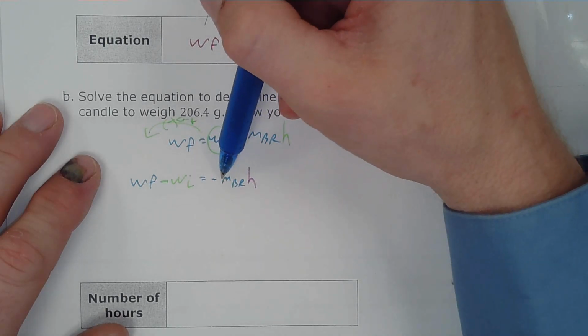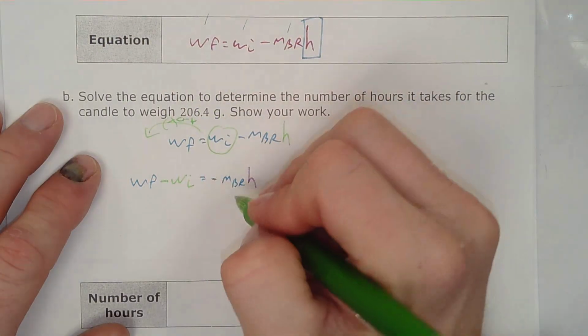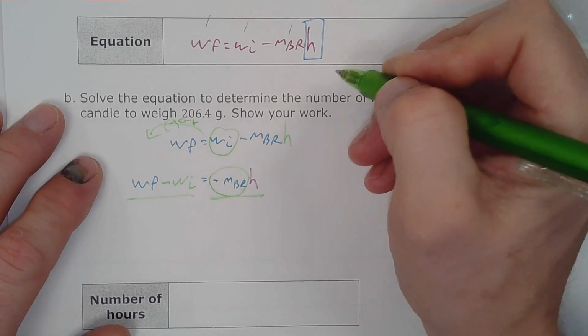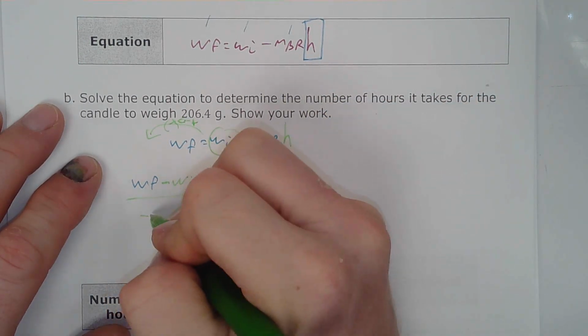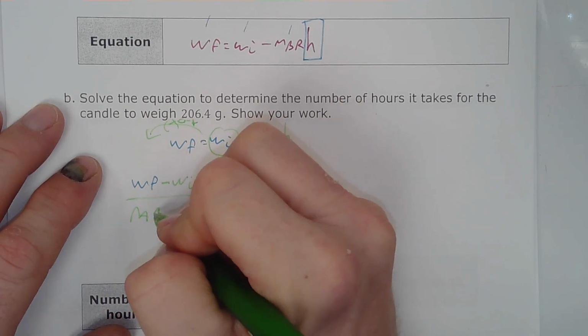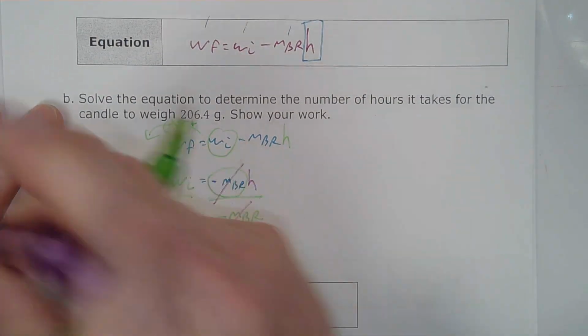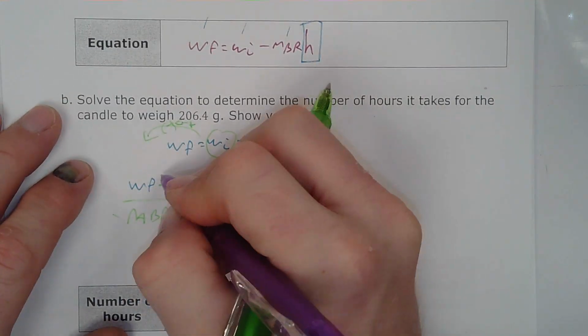I don't need the negative slope, so I'm going to divide both sides by the thing I don't want on that side, negative slope. I do that so those cancel out. The negative cancels out and the slope cancels out. So what do I have left? I have h equals this.